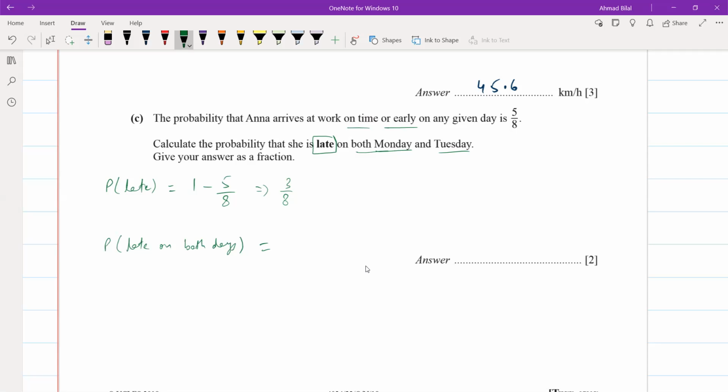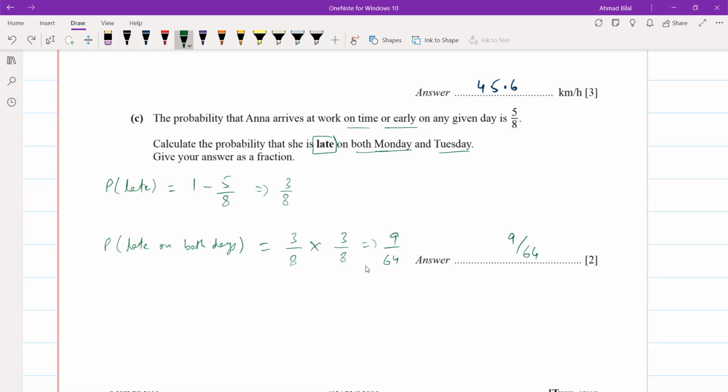So Monday को late होने की probability 3/8, and being late on Tuesday multiplied by 3/8 again. That gives you 9/64. That's the result.